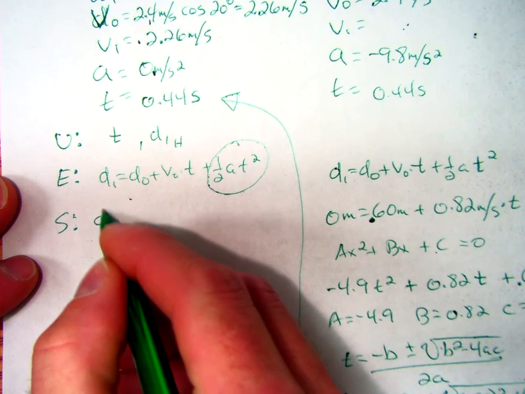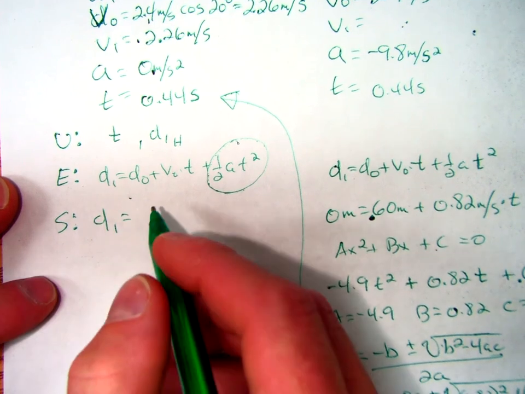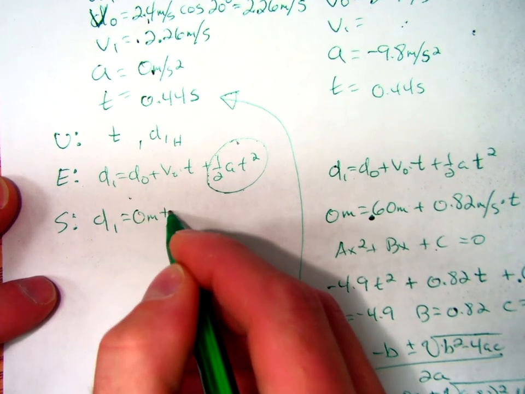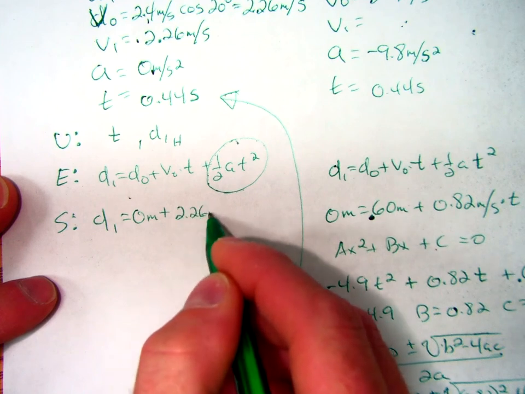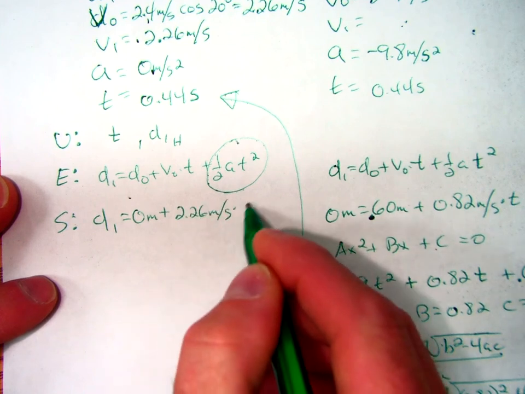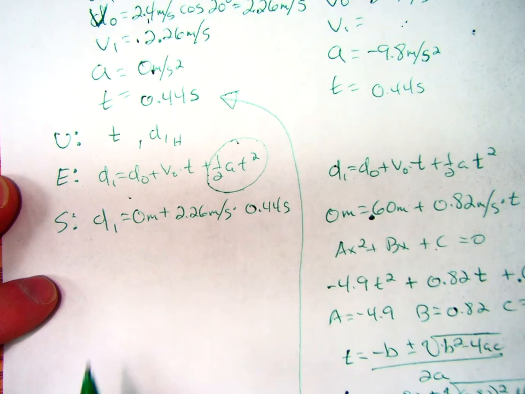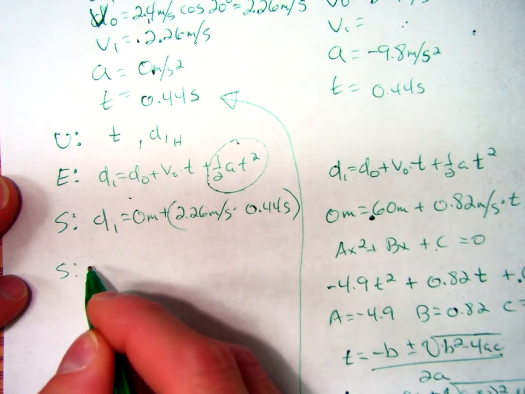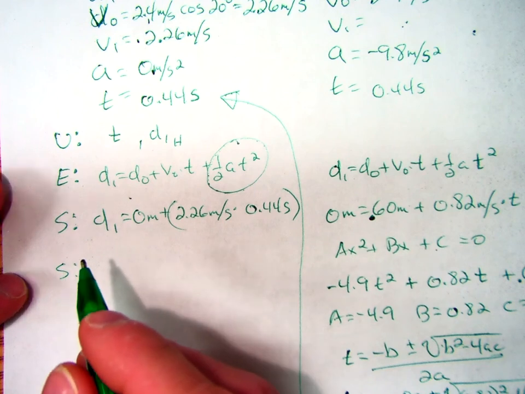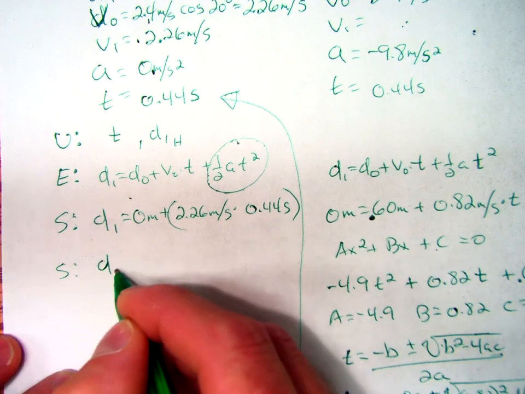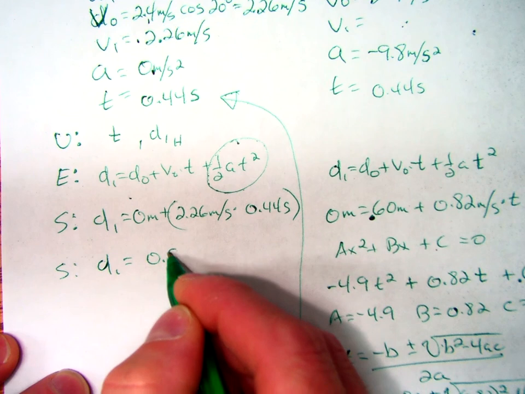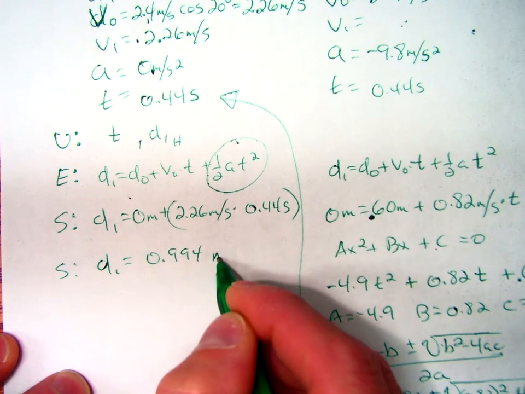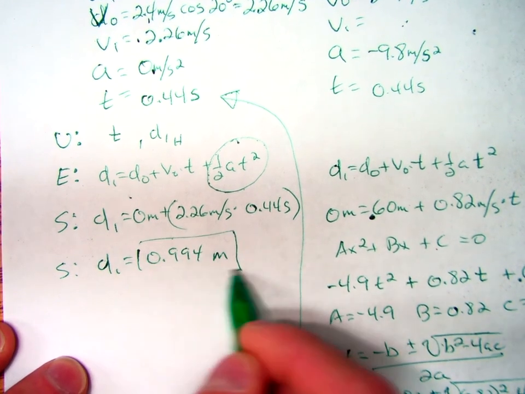So I've got D1 equals 0 plus 2.26 meters per second times 0.44 seconds. If you multiply those together, you get D1 equals 0.994 meters. That's our second answer.